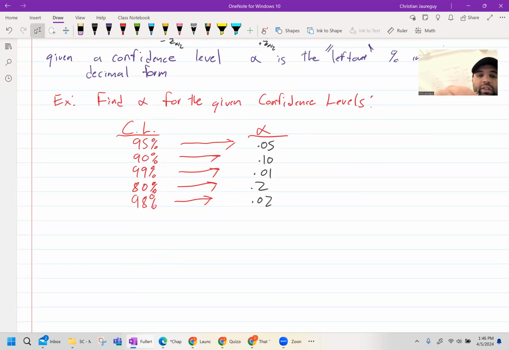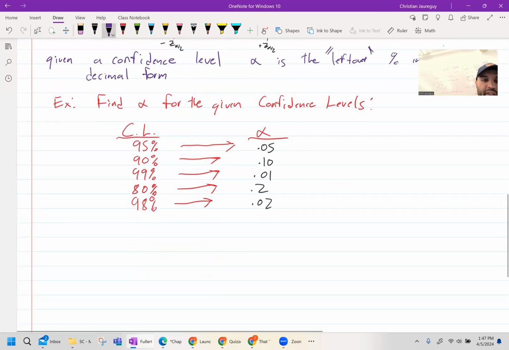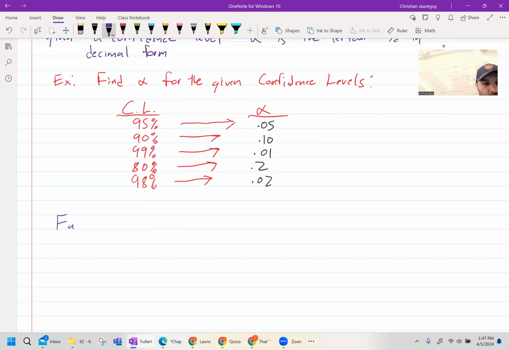So as a little fact, we get to say that Z alpha over 2 equals the absolute value. There's an absolute value sign. So if it spits out a negative number, use the positive version.